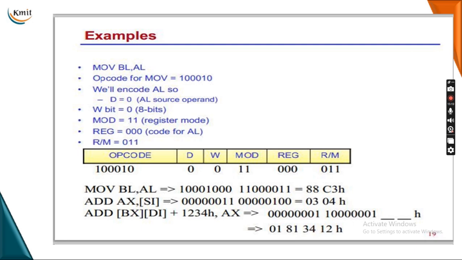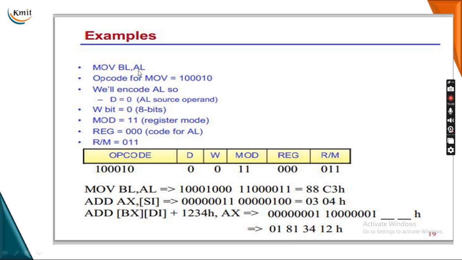So this is how we'll be calculating the codes for assembly language. For example, if we have MOV BL, AL, the opcode for move is 100010. So we'll encode AL. AL is the source operand and BL is the destination operand.